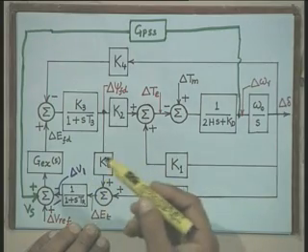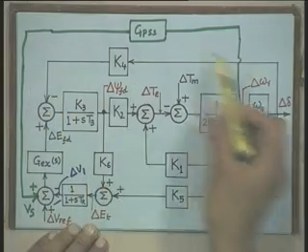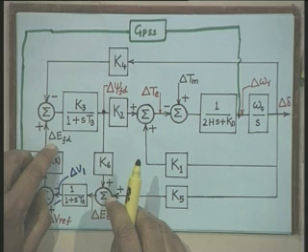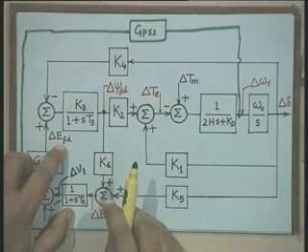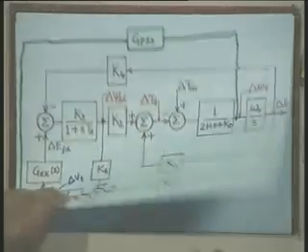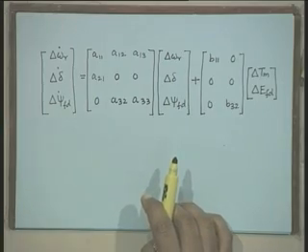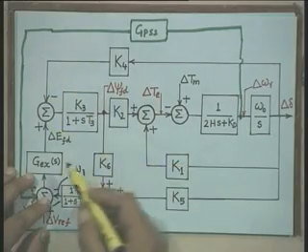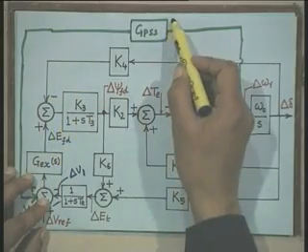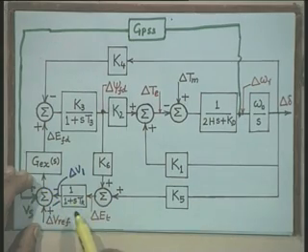We had developed earlier the state space model considering the input signal from the exciter as delta EFD. If you look at this transfer function model, we are not considering the PSS, the excitation system and the AVR.